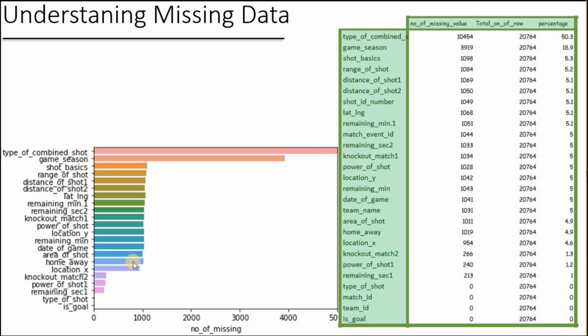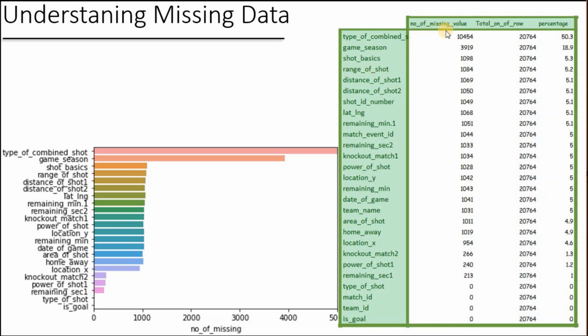Now, the first step is to understand the missingness in the dataset. The best way to do that is viewing the missing data in tabular form and visualizing in plots. We will see the missing values for each of the columns, that is the features like type of combined shot, shot basics, range of shot.